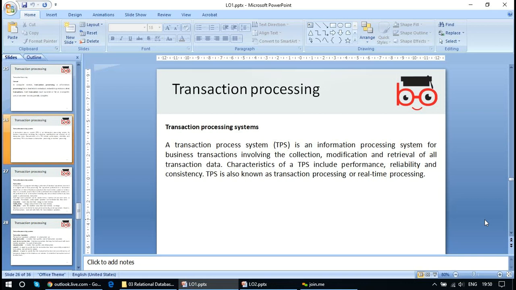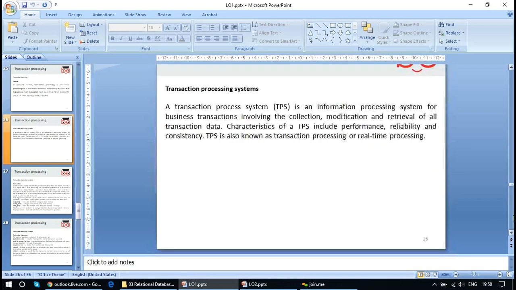Obviously they make sure there are sufficient funds, but transaction processing systems make sure that transactions either fail or succeed, but not in the middle.